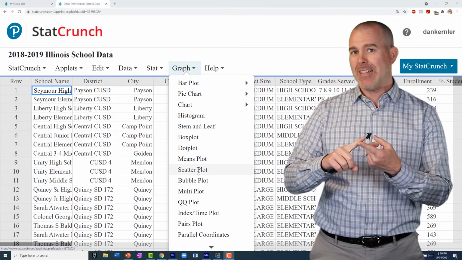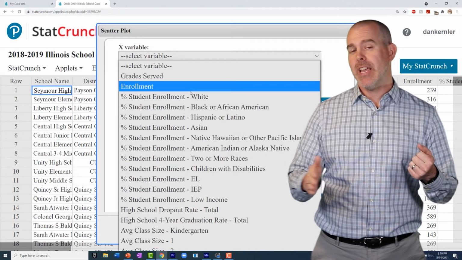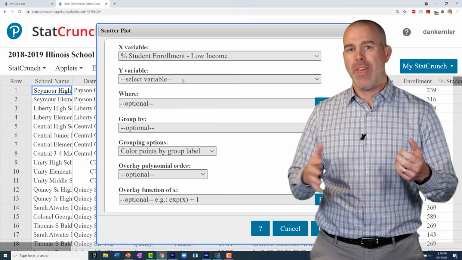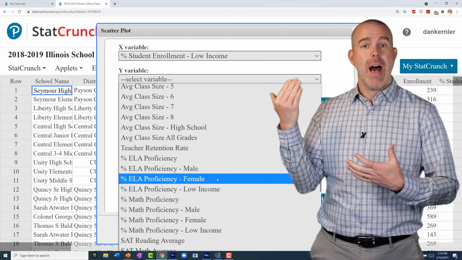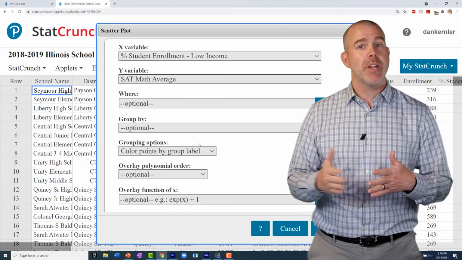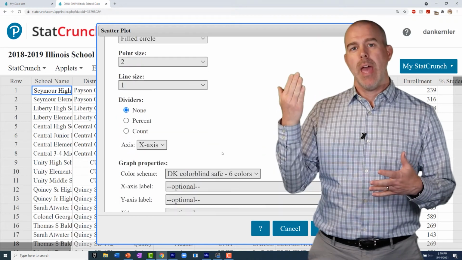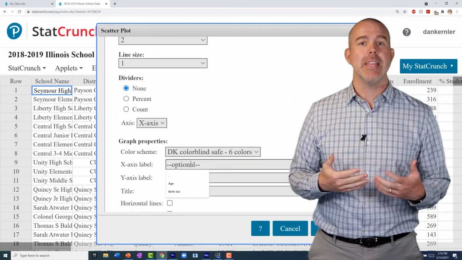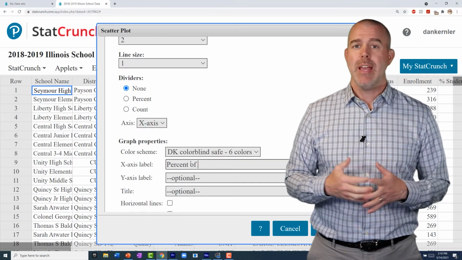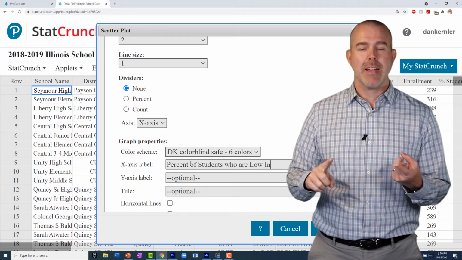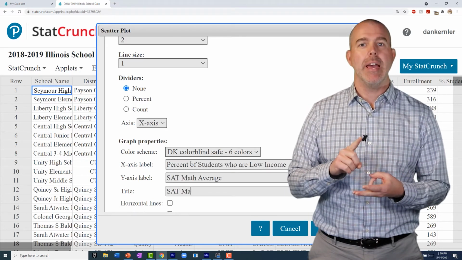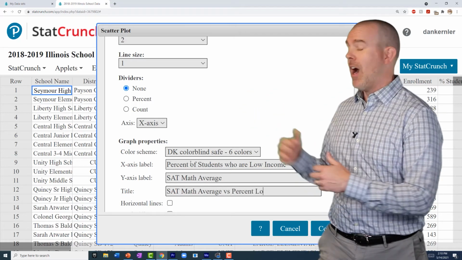We want to pick the X and the Y. And again, the X is our predictor that we think is going to explain the Y, the response variable. So our predictor is the percent who are low income, and then our response, our Y, is the SAT math average. And like usual, we'll put a nice X-axis label, Y-axis label, and title, and then we get our scatter plot.